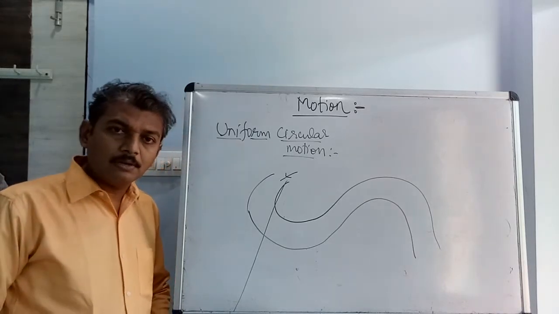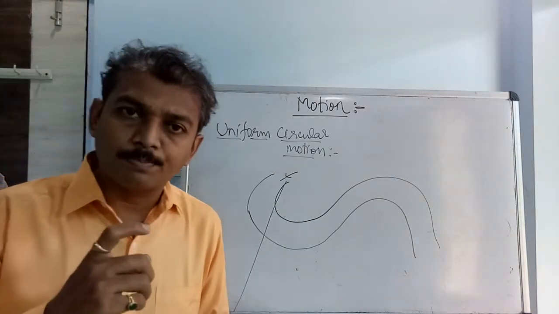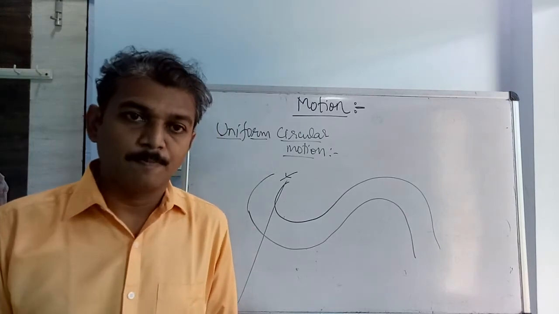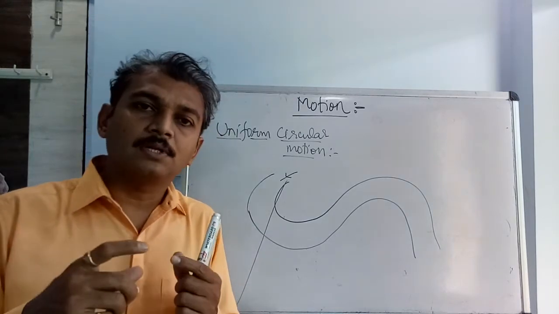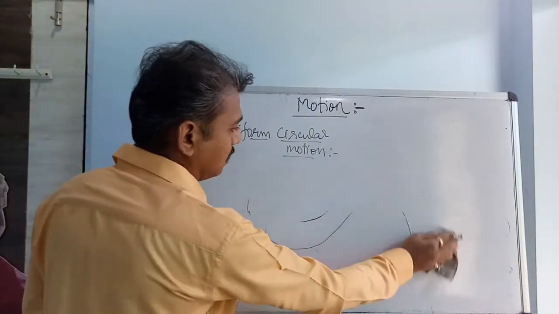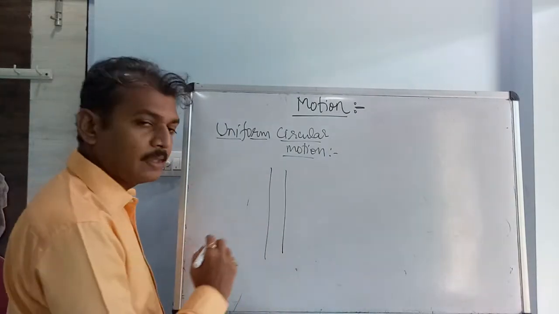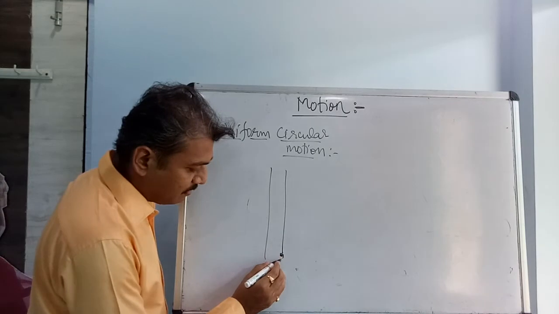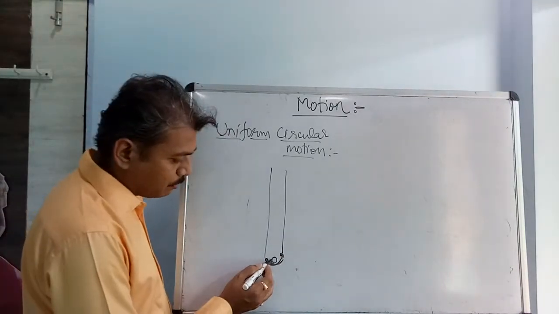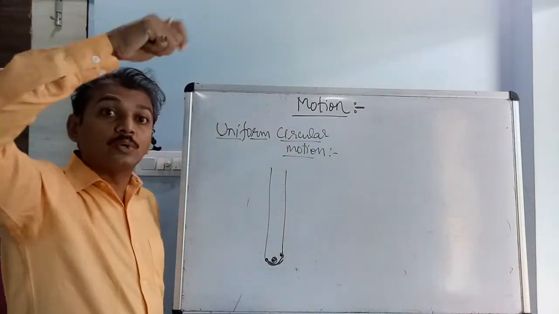One more example is when farmers are saving their crops in the farm, many times they use this. They make a certain apparatus, taking two long leather strings, tying a piece of leather at the center, and putting a stone in it, and then they hold these two and rotate it like this.